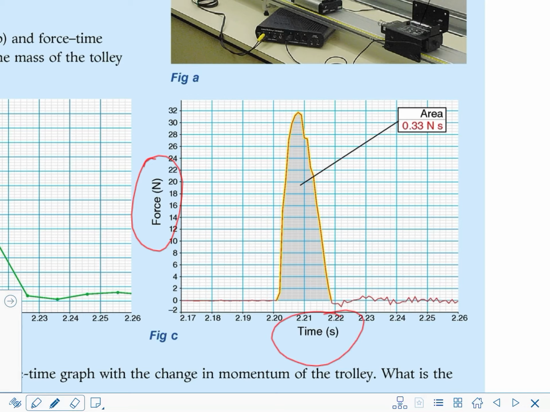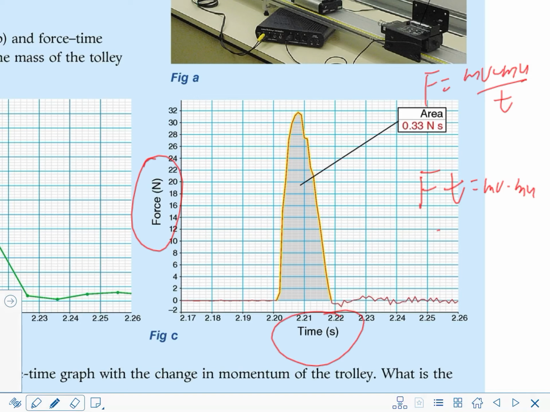Now, area has a physical meaning. Do you know what it is? For the FT area, F times t, what does it mean? By the equation F equals (mv minus mu) over t, that is the beginning point in chapter 7.2: rate of change in momentum equals net force.